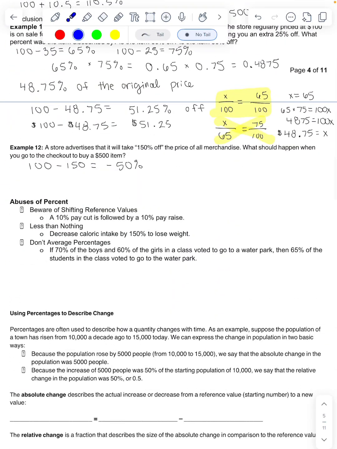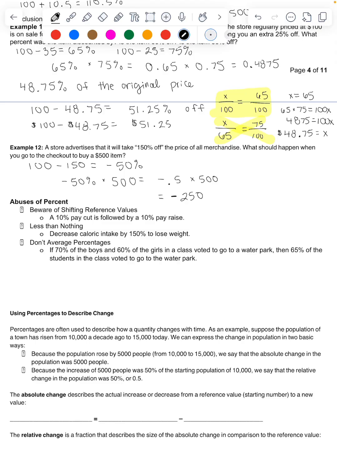So I'm going to do negative 50% times 500, which is negative 0.5 times 500, which gives me negative 250.